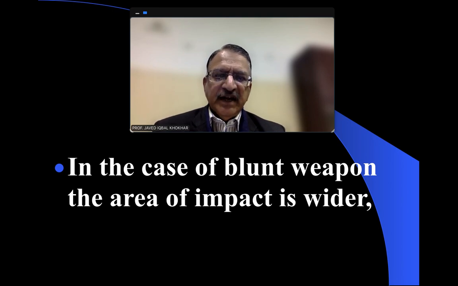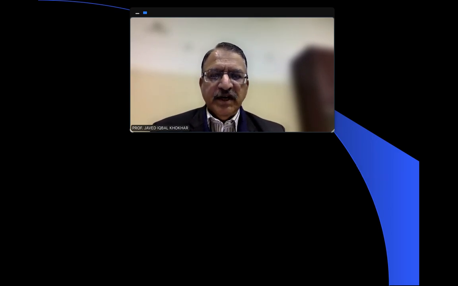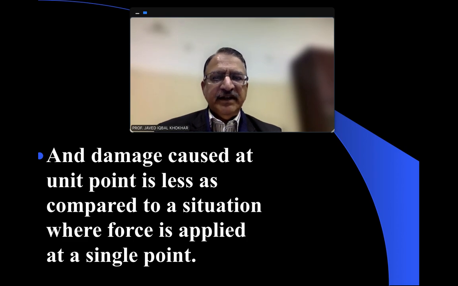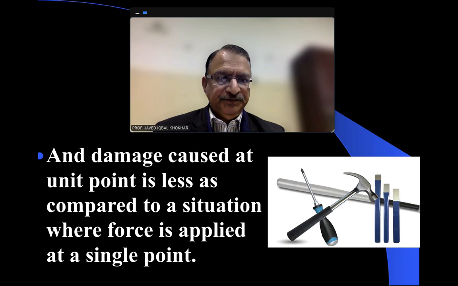And in case of a blunt weapon, the area of impact is wider. So the amount of damage towards a unit point will be less, because a broader surface is in touch, and per unit area the energy being transmitted is less than with a weapon used on a single point or single edge, like a screwdriver.